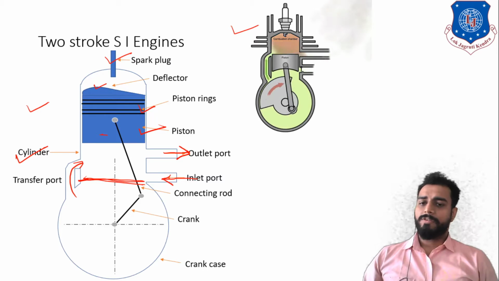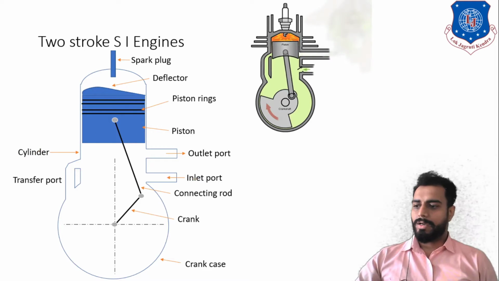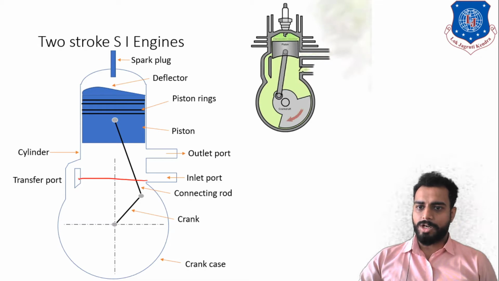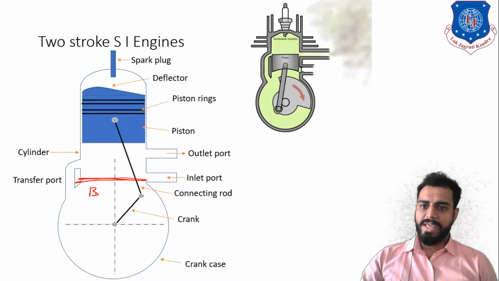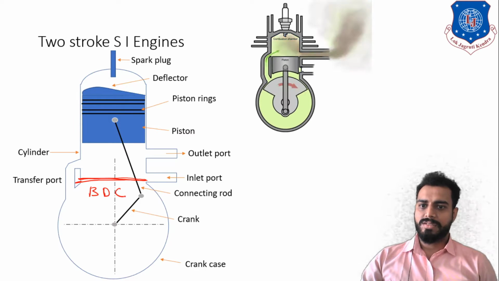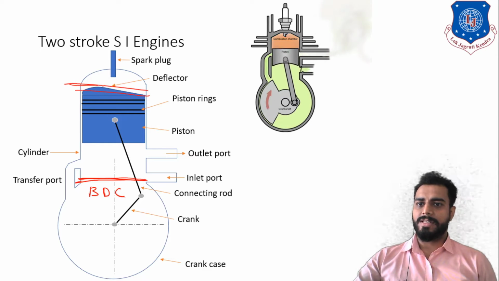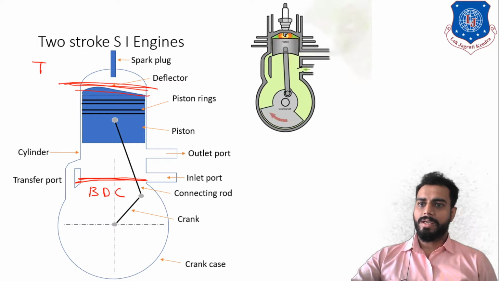But before that, one more thing, that I will call certain terms. Let's say if the piston is at the bottom like this over here, it will be called BDC, and if the piston is at the top, just as it is right now, it will be called TDC.